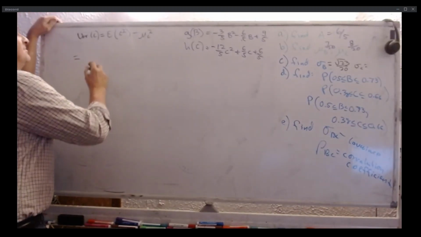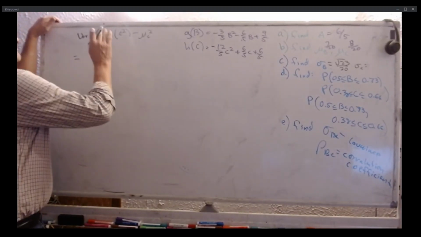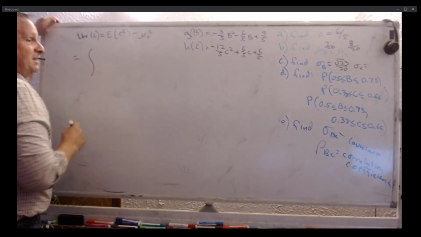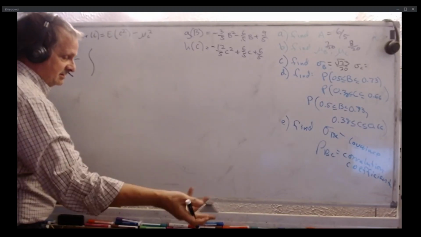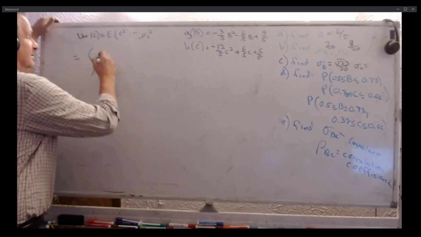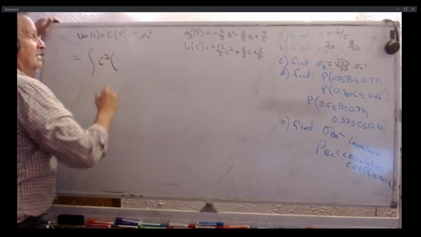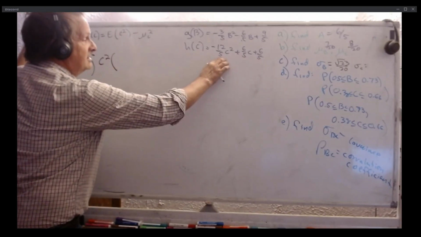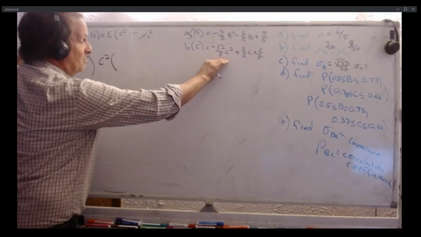It really is. Okay, so how do we find the expected value of c squared? The expected value of anything is the anything times, would it be f of c? H of c, right? The marginal, right?